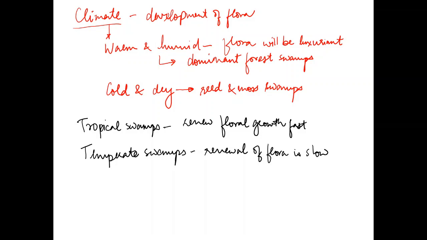Okay. Now, in the geological past, the peats predominated in the moist climatic zone.